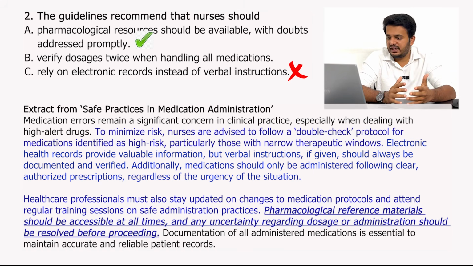However, option C states that nurses should rely on electronic records instead of verbal instruction. That means they don't need to rely on verbal instruction. However, the extract states that they need to document and verify if verbal instructions are given. So we can eliminate option C also. That means option A is our answer.